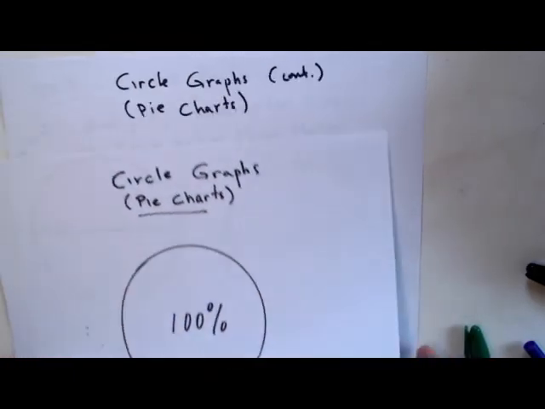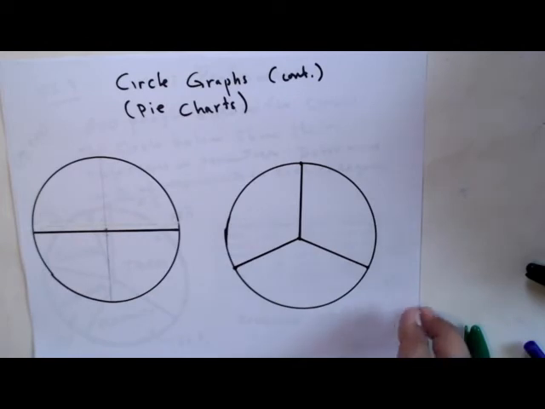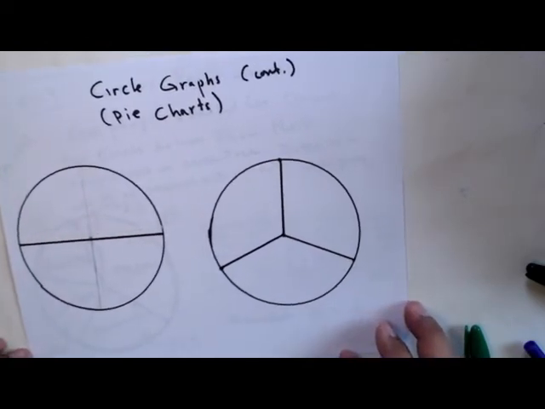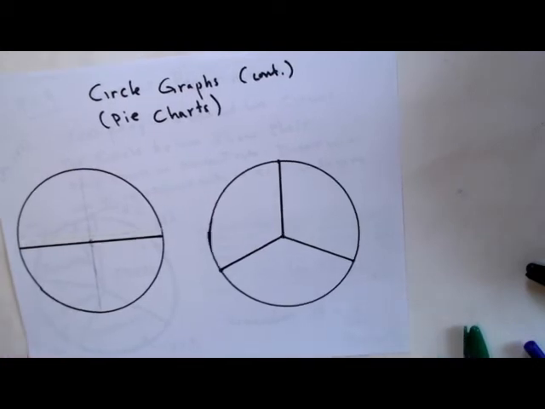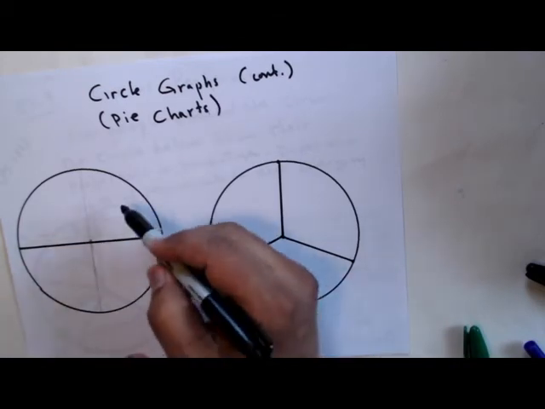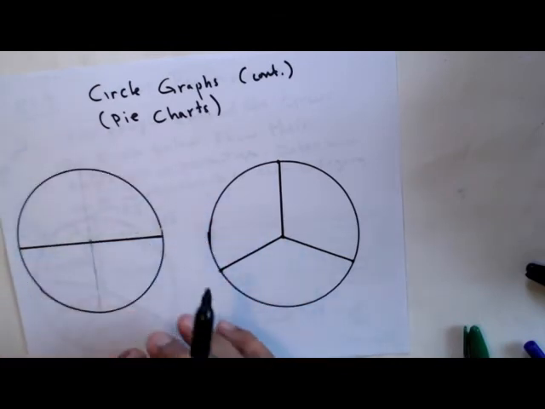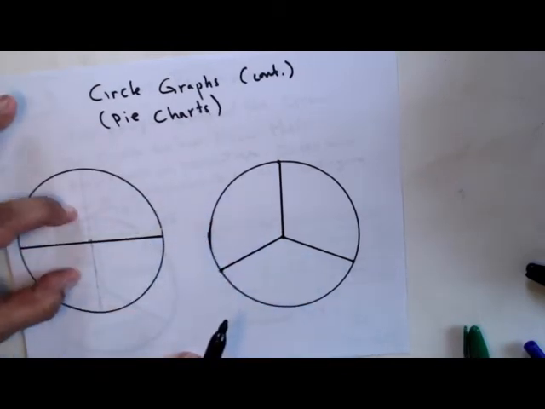And now we start to divide this into pieces, right? So if we divide the circle by half, we know that each half will be 50%.